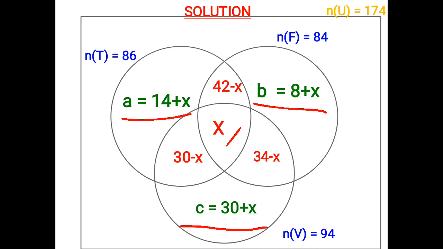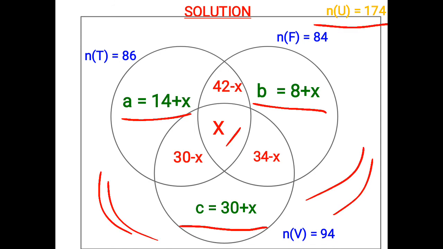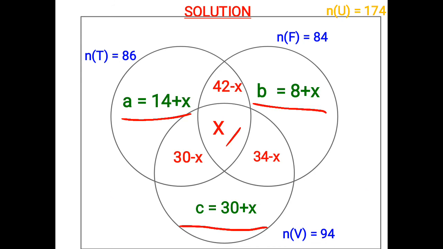We add everything in the 3 circles plus the complement, but because the complement is 0, we will not add anything. But assuming we had the complement, we add everything in the 3 circles plus everything outside the 3 circles, then we equate to the total.